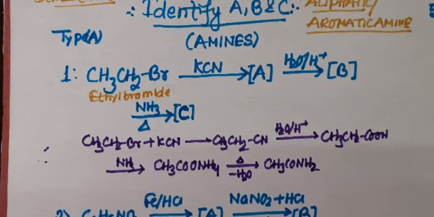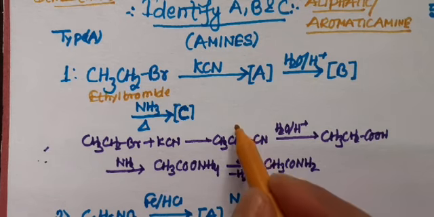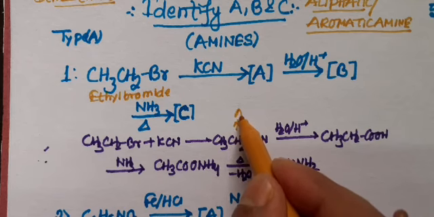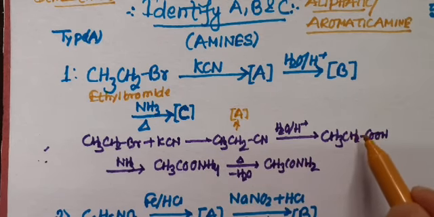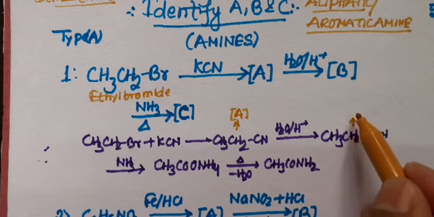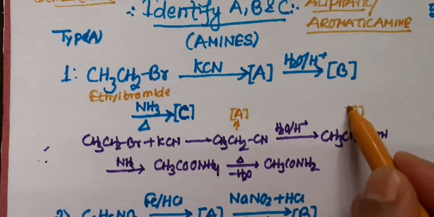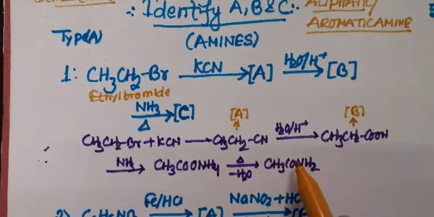So we can see that CH3CH2CN is A, CH3CH2COOH is B, and CH3CONH2 is C.